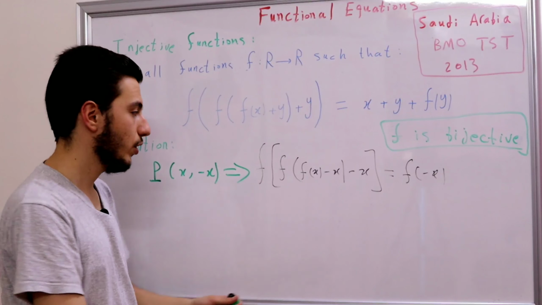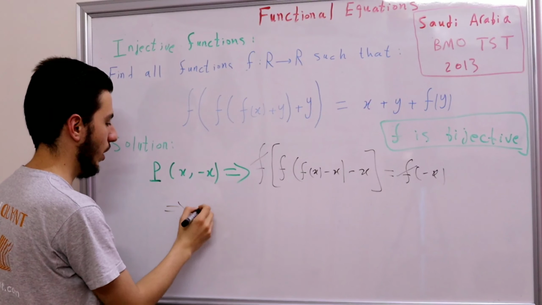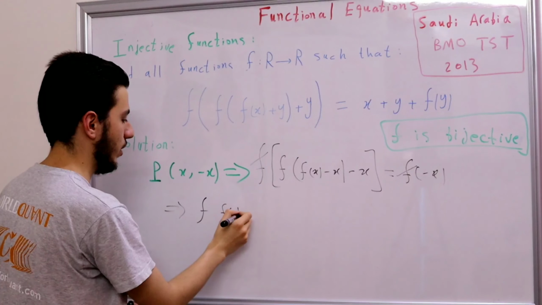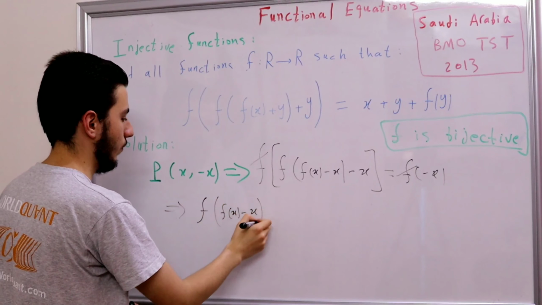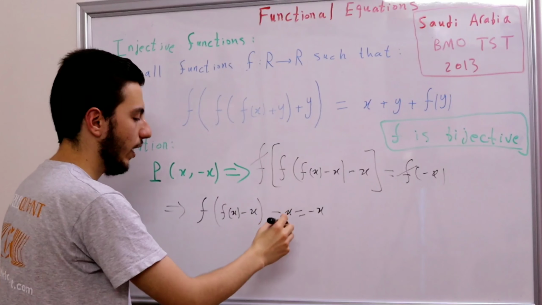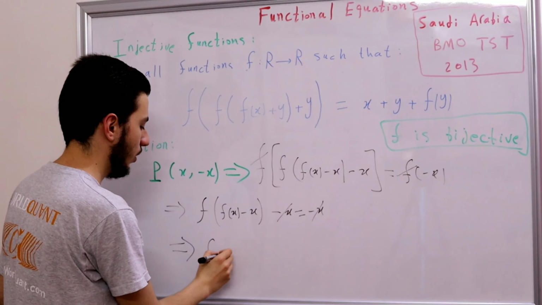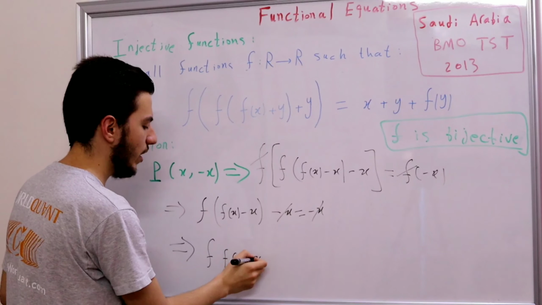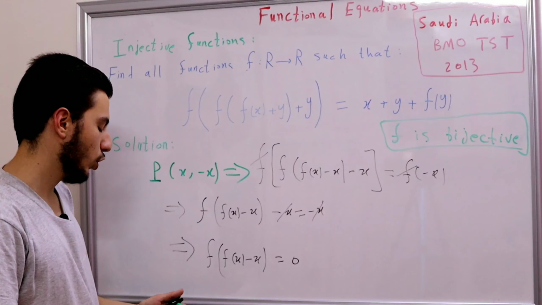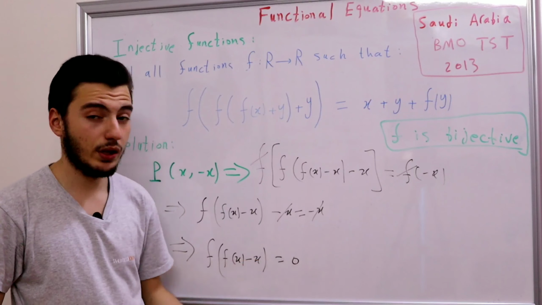Our function f is injective, so we can simply cancel this f with this f, which means that we have simply f of x minus x equals minus x. So we also can cancel these two, which means that now we have f of x minus x equals 0. Now look at this simple functional equation. We just have f of x minus x equals 0.